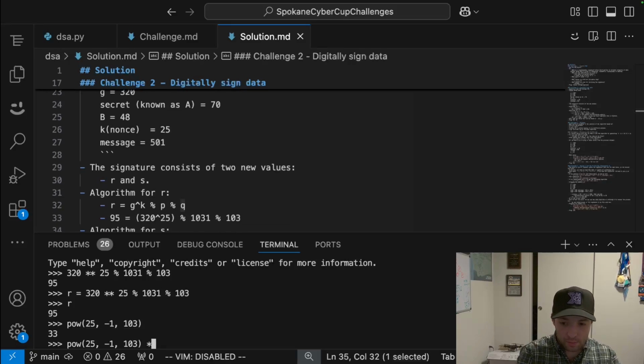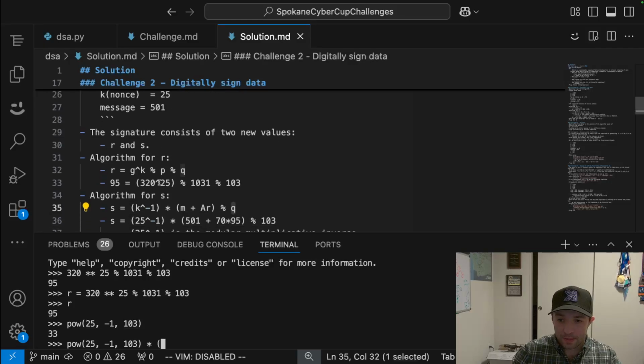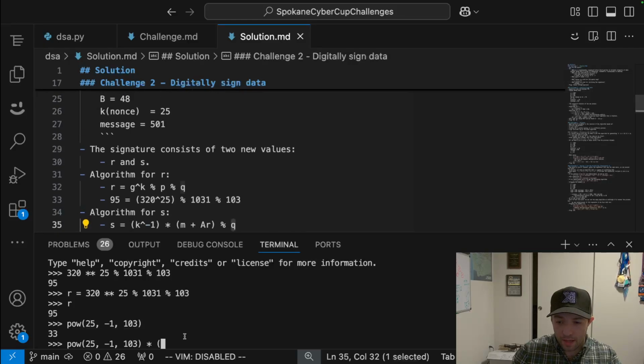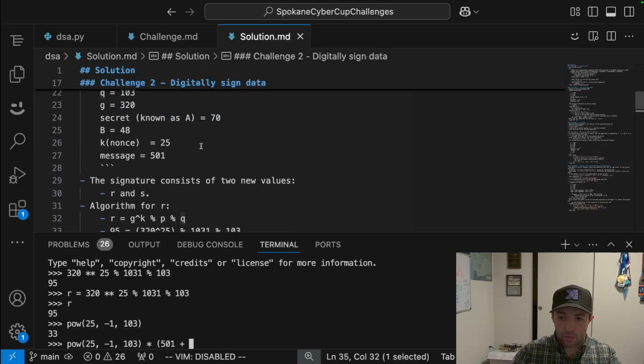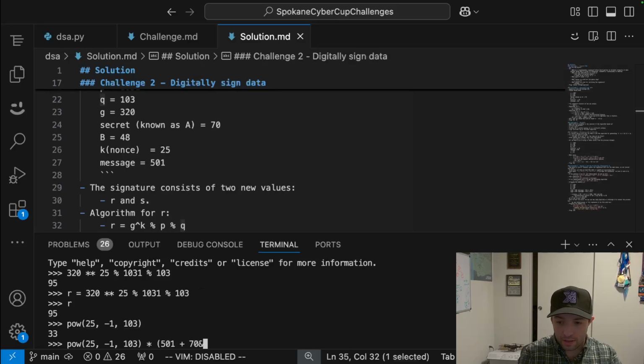So now this is going to be multiplied by M, which M is 501, plus A, which is 70, and A is multiplied by R, which we already calculated up here.